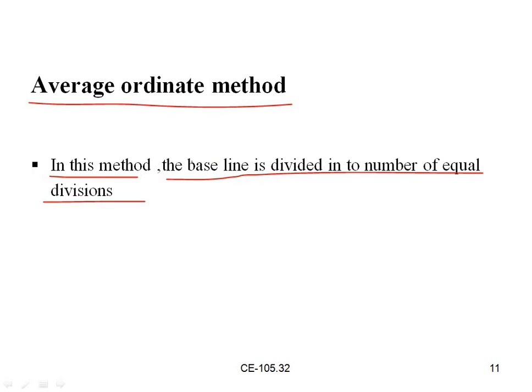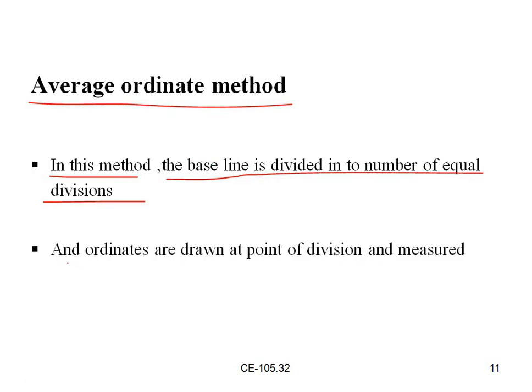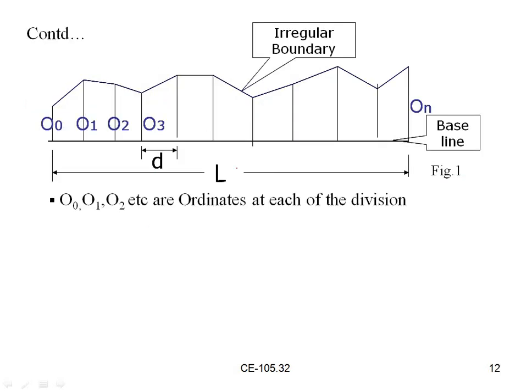This is the baseline that will be divided. Ordinates are drawn at the points of division and measured. So let us see the diagram here.